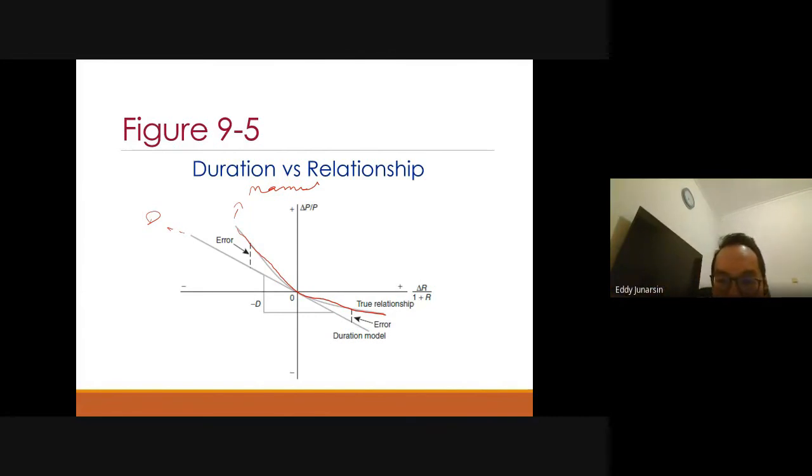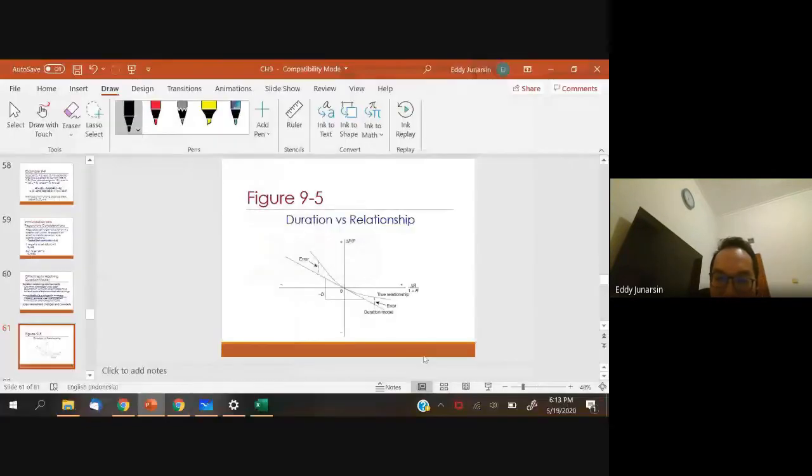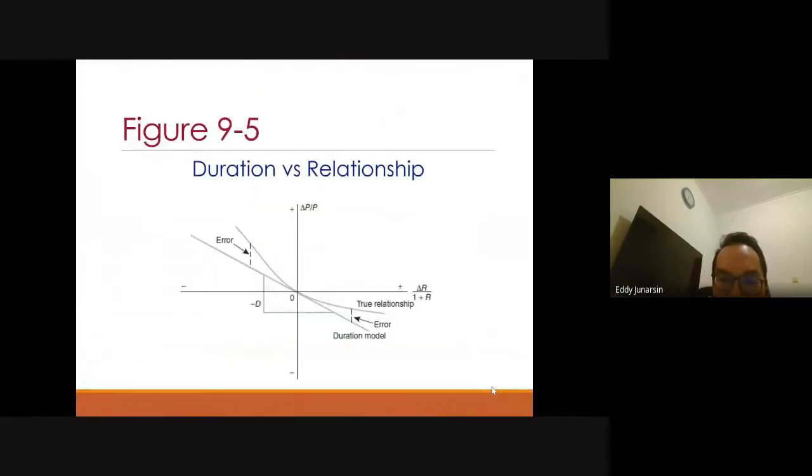But you see here, if market rate increases, what will happen again to the asset value? It will decline. But you see here, the decline in the market value is more than the real decline.